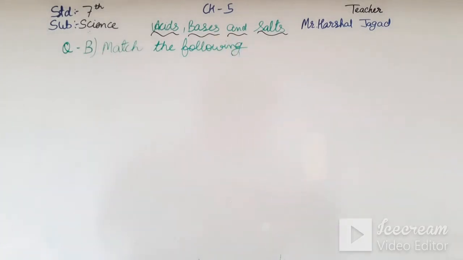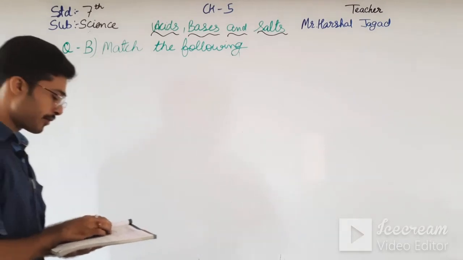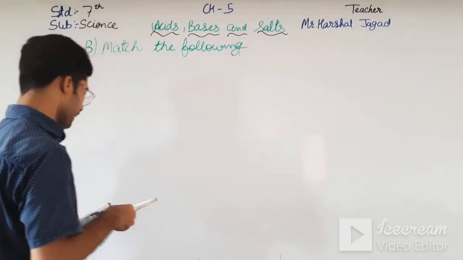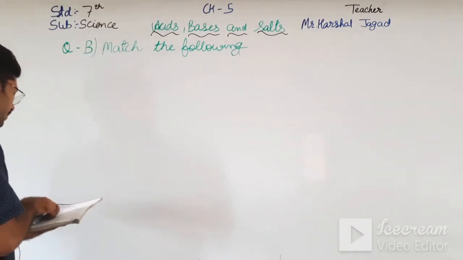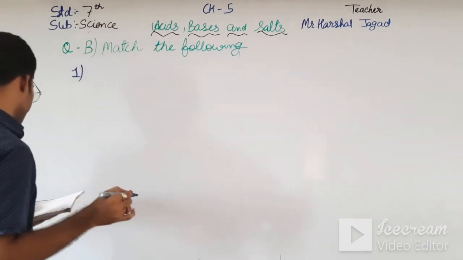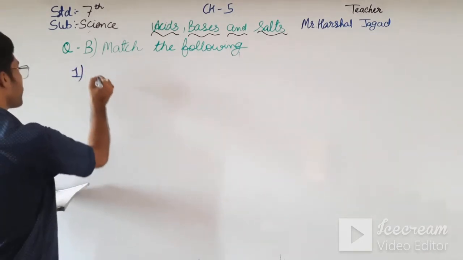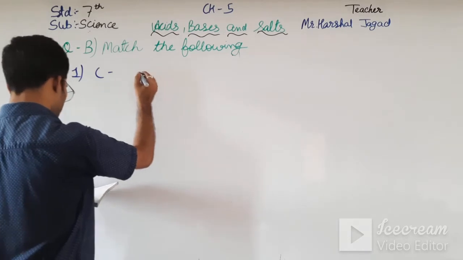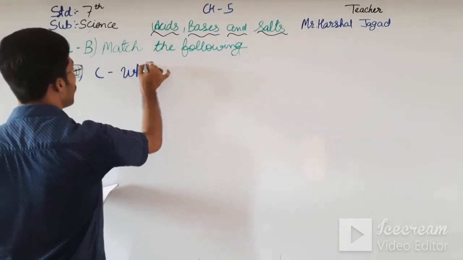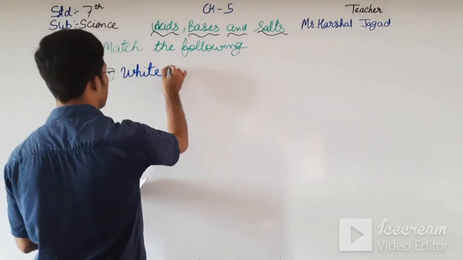Okay students, in this match the following, see here, I am writing the answers directly. Calcium hydroxide: how it is used and where it is used. Calcium hydroxide, the first one, is used in C, whitewashing.